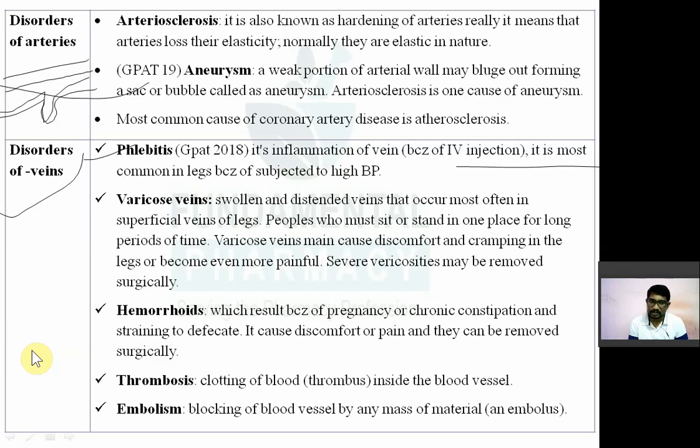That is phlebitis, the inflammation of the vein because of the intravenous injection. If you do not rotate that site, the intravenous injection will be very painful. I have experienced that. That is known as phlebitis or thrombophlebitis. This was a question in GPAT 2018.